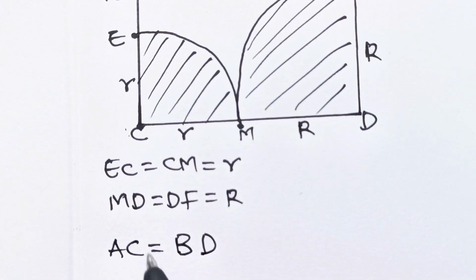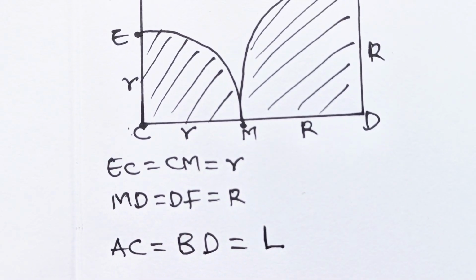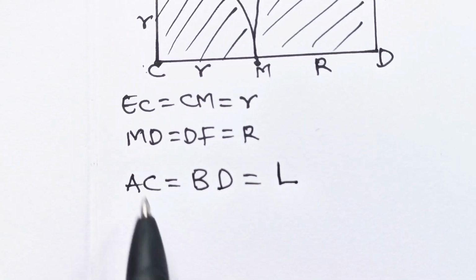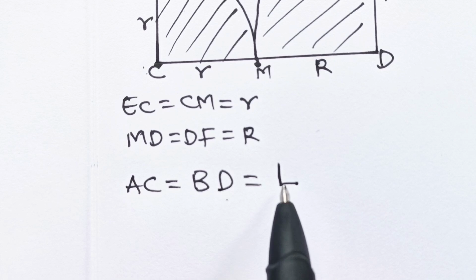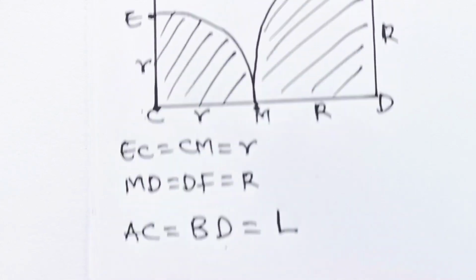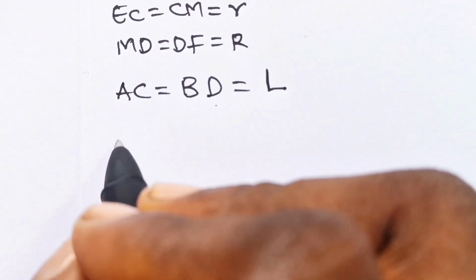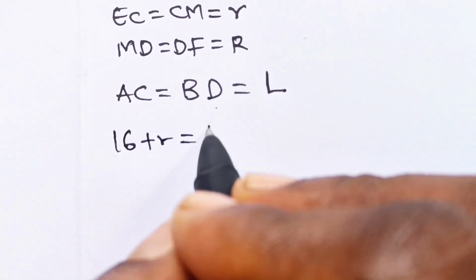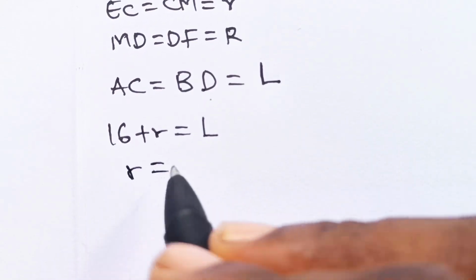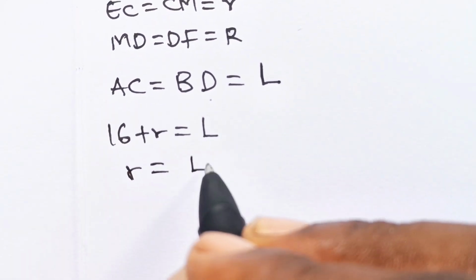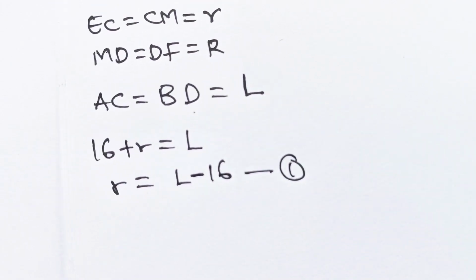Let's call that side L. So AC is equal to BD, which is equal to L. Now, AC is the same thing as 16 plus small r. So we can say that 16 plus small r is equal to L. So it simply means that small r is L minus 16. This 16 will cross to become minus 16. Now let's call this equation 1.